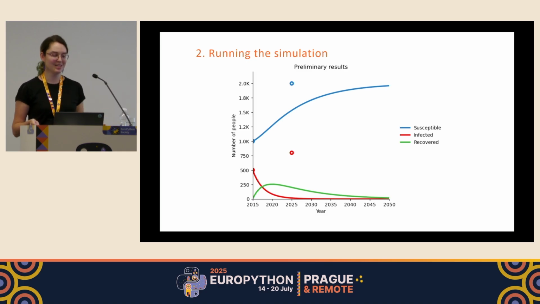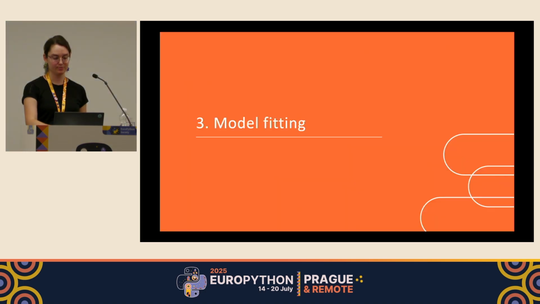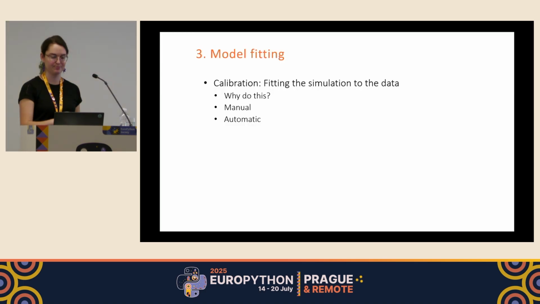Well, as I said, a lot of the parameters are just approximations. So it's quite normal that initially the simulation is not going to match the data very well at all. That's why we need to change our parameters a little bit, because often they also come from different data sources. They might not be really consistent with each other. So that's why we need to do this process of model fitting.